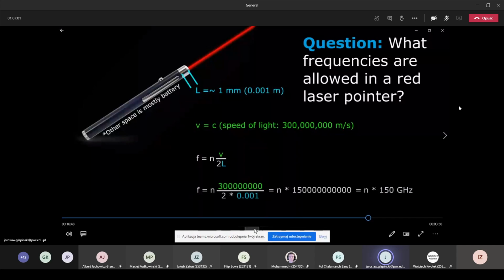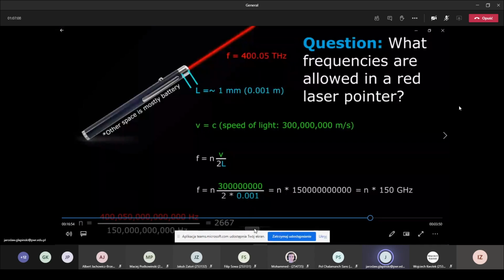Now, red light has a frequency of about 400.05 terahertz, which corresponds to an n value of 2667. Recall n must be an integer. So if 400.05 terahertz is an allowed frequency, then the next one would be when n equals 2668, which is a frequency of 400.2 terahertz.